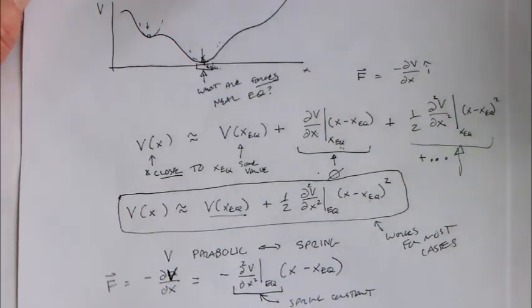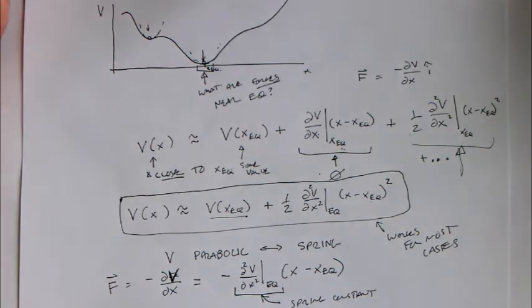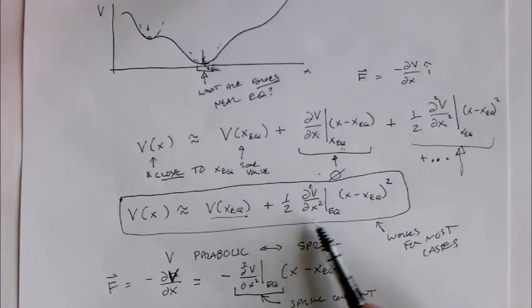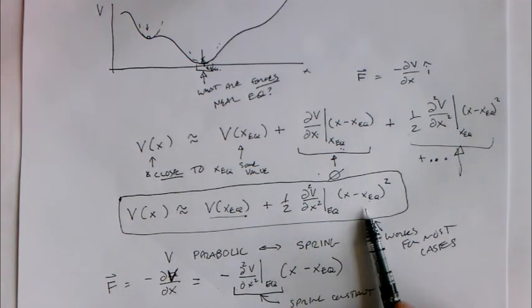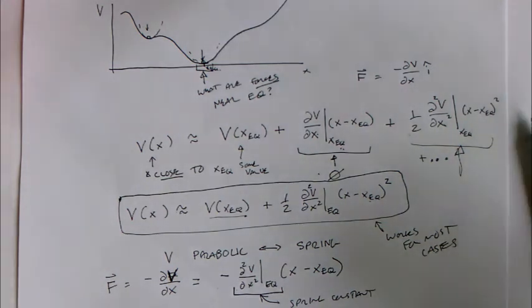In many, many cases, the restoring forces are linear with displacement. The reason the restoring forces are linear with displacement is because you're disturbing the system a little bit away from equilibrium. And since you're disturbing the system only a little bit away from equilibrium, the potential energy first term that has any functional dependence is a parabolic type of term.